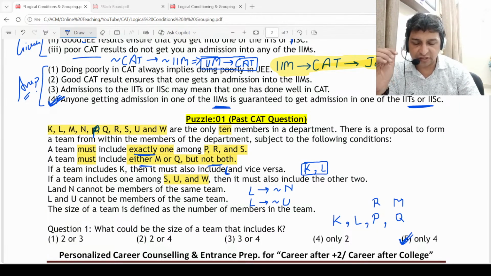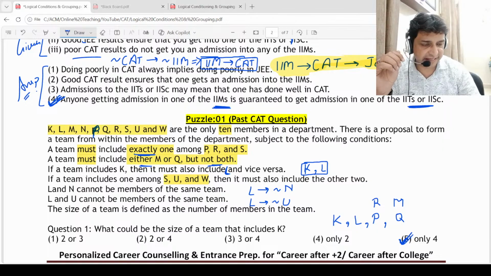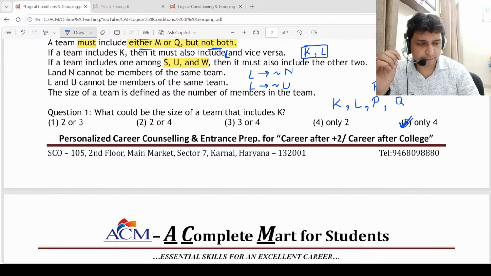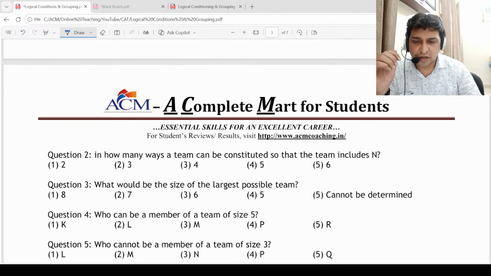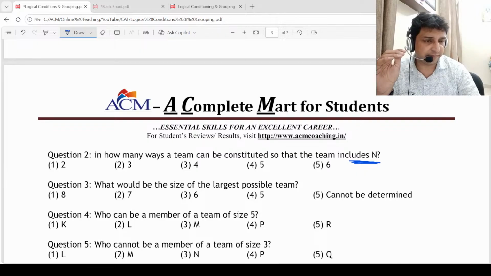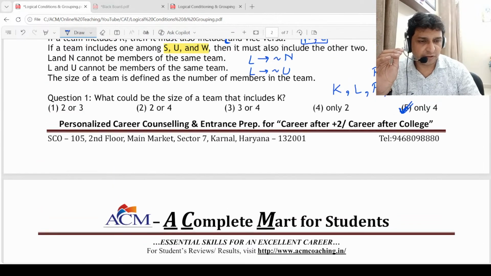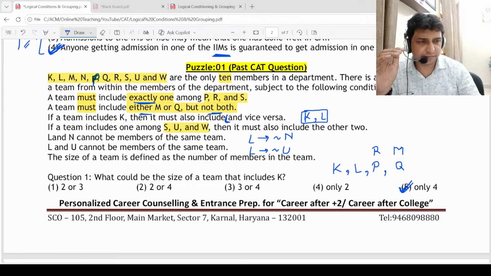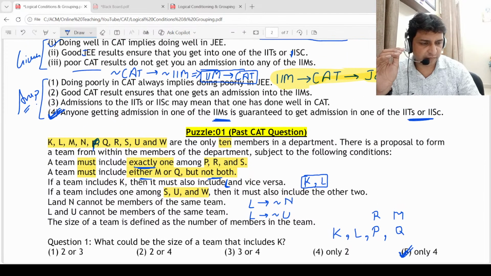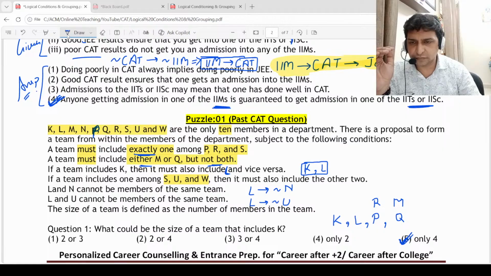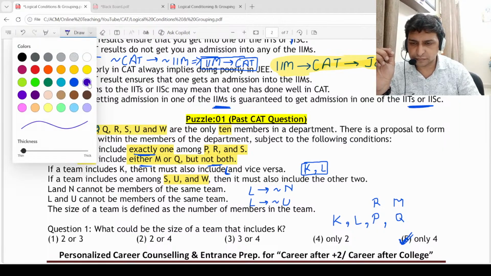Let's go to the next part of this puzzle. The next part says: in how many ways can a team be constituted so that the team includes N? So N should be a part of the team. So let's have N here.